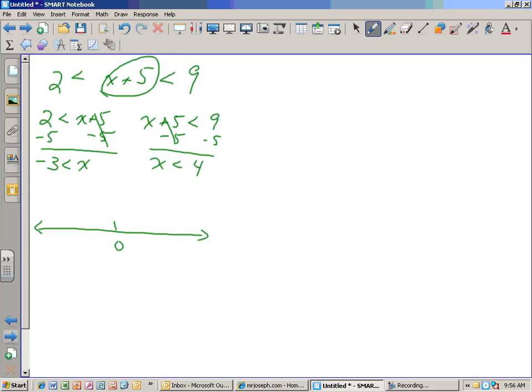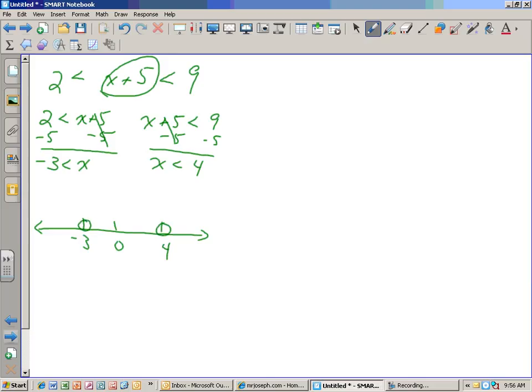So it looks like my two numbers are -3, which is over here, and 4, which is on the right side. Am I going to have open circles, closed circles, or one of each? Open. They're both going to be open.